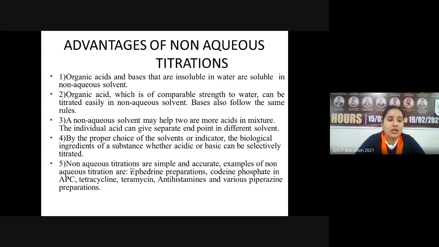The fourth advantage of non-aqueous titrations is that by the proper choice of solvents and indicator, the biological ingredients of a substance which are acidic or basic in nature can also be easily titrated.